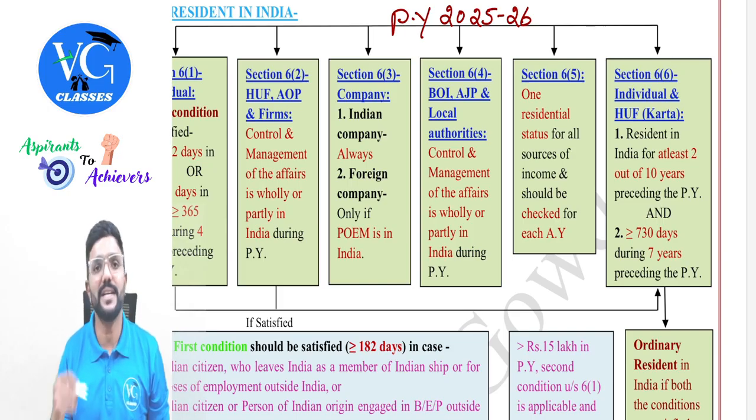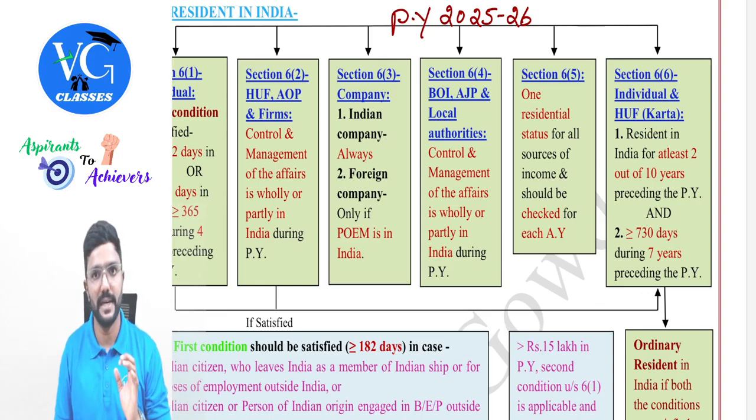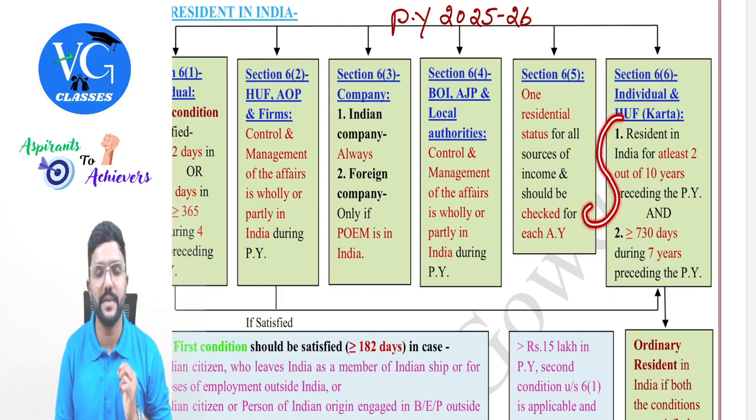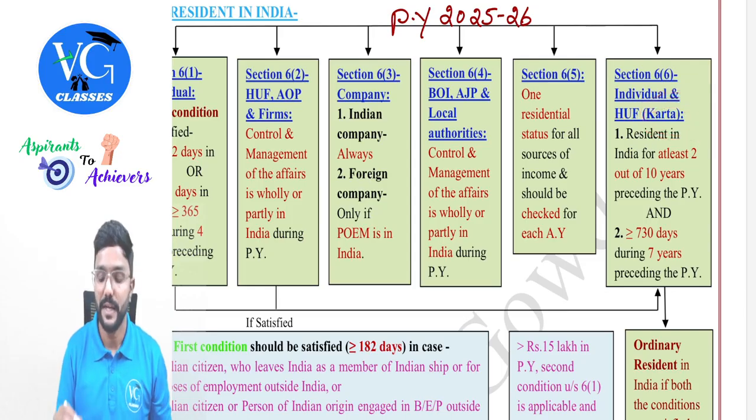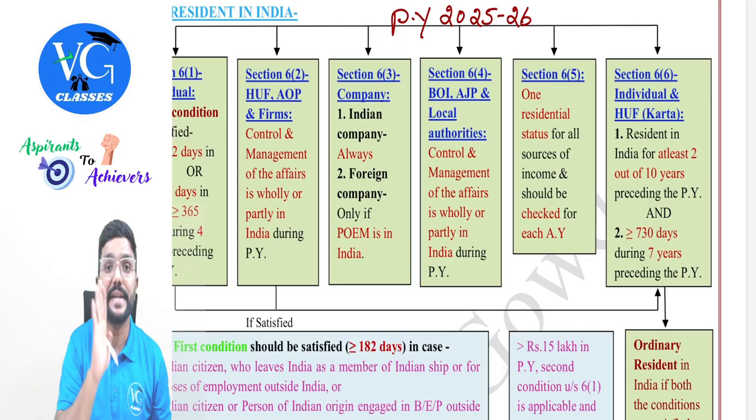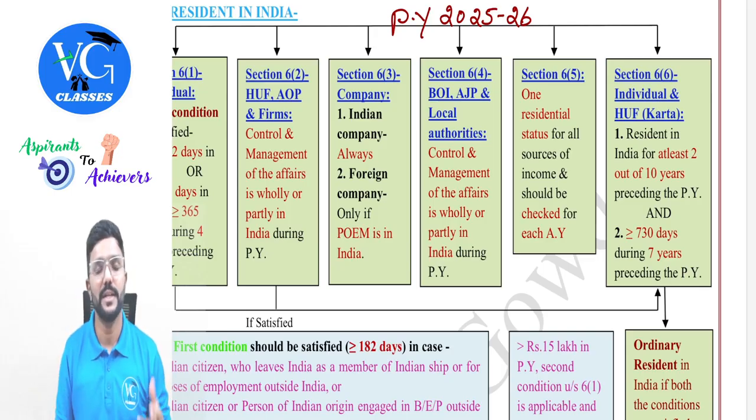So what are the two additional conditions, sir? It remains the same here, guys. Clear? Yes. If both the conditions given under section 6 are satisfied by the Karta, then HUF is said to be ordinary resident. If not, then HUF would be not ordinary resident.